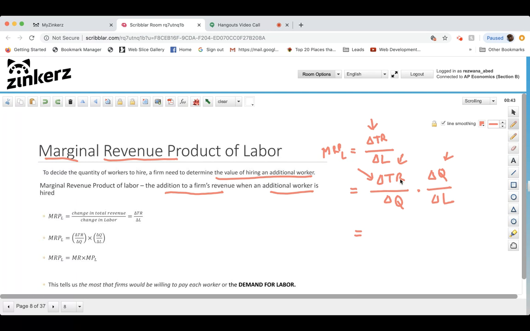So the change in total revenue, when I produce an additional unit of output, or when I sell an additional unit of output, what is the change in total revenue if I sell one more? What do we know that as?